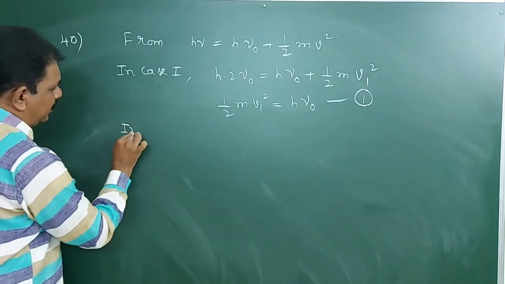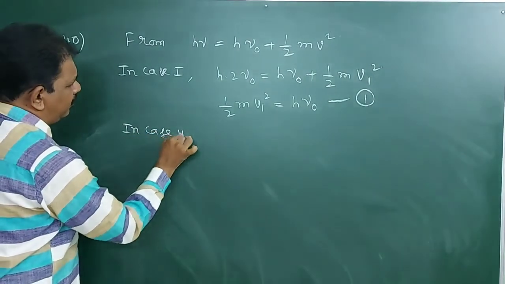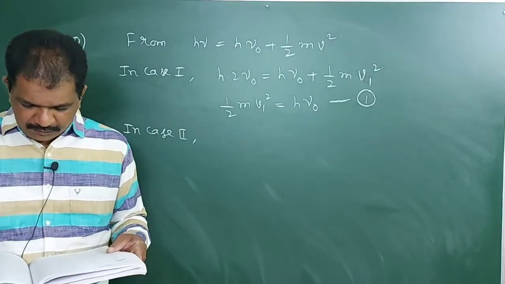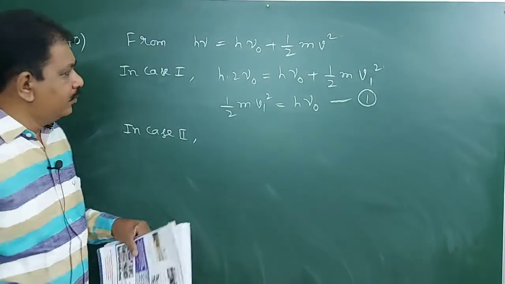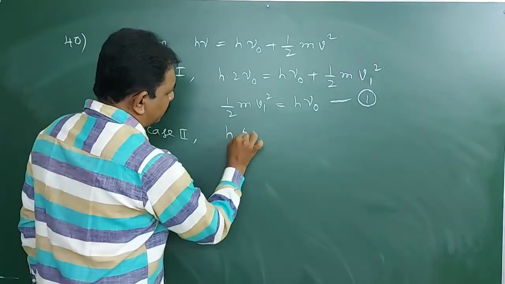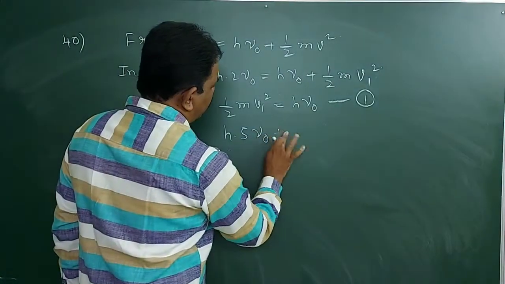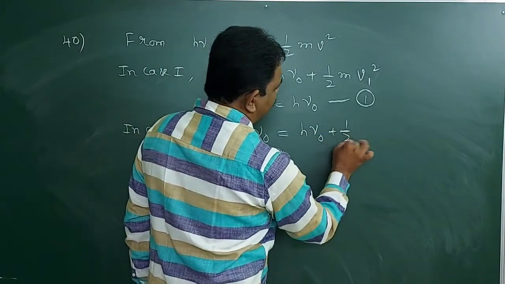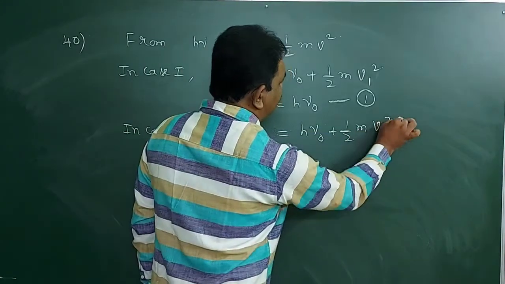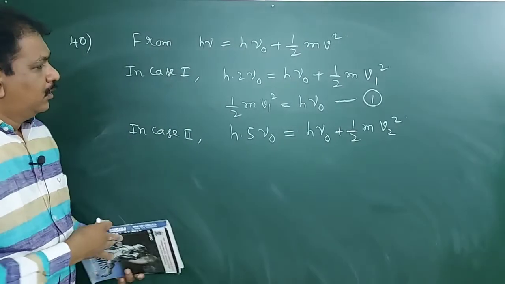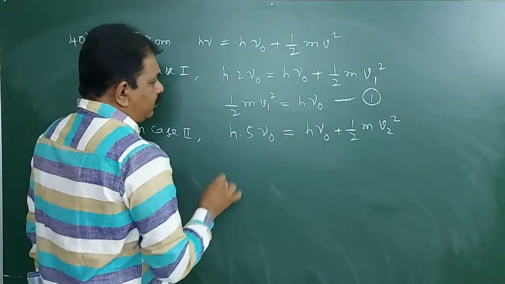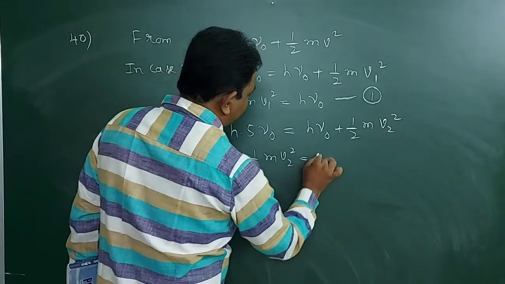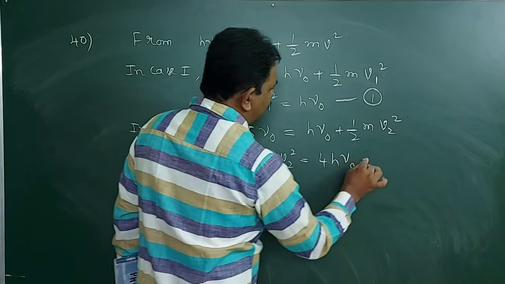Next, in case 2, incident frequency will be 5 nu naught, work function same, velocity will be V2. So half m V2 square is 4h nu naught.